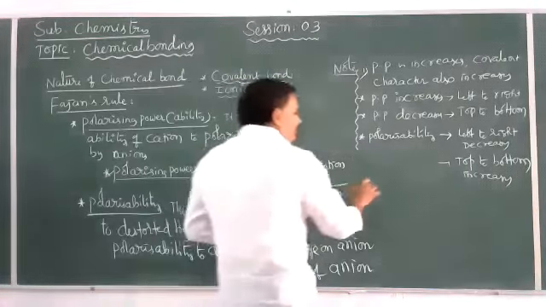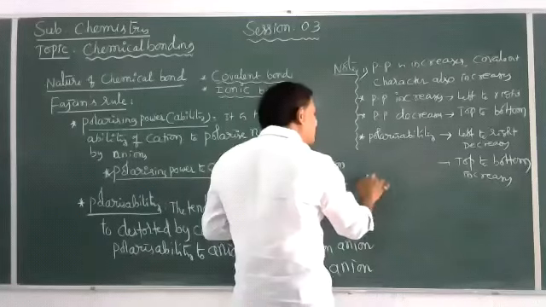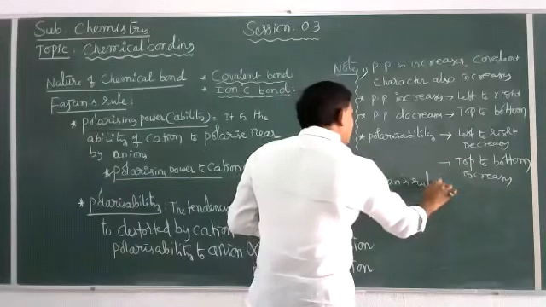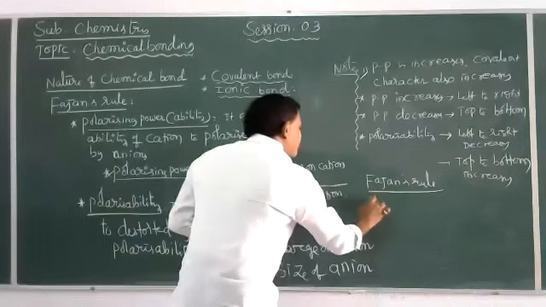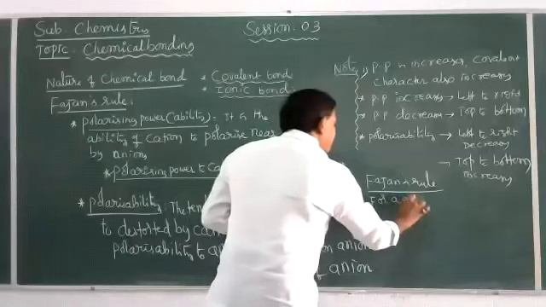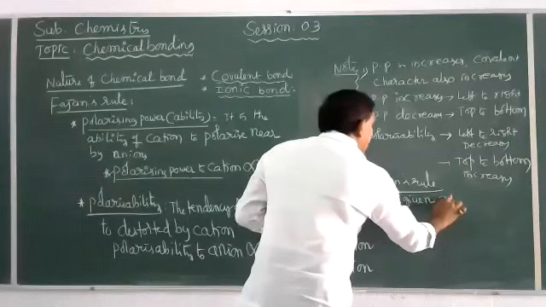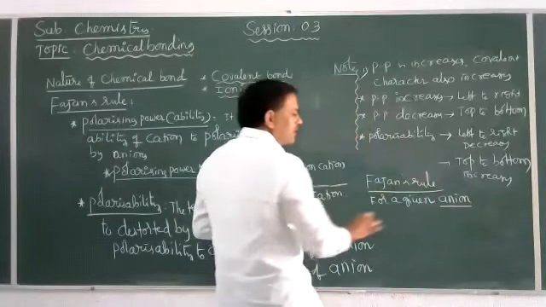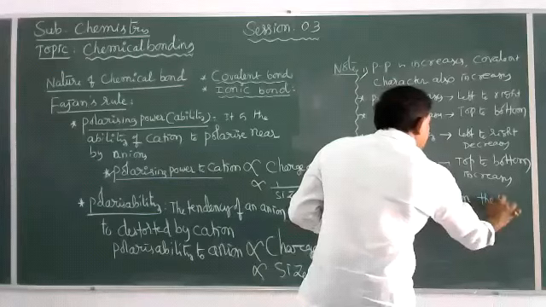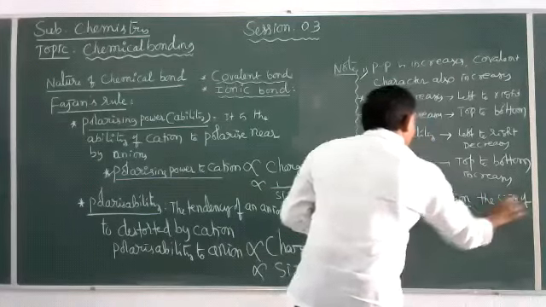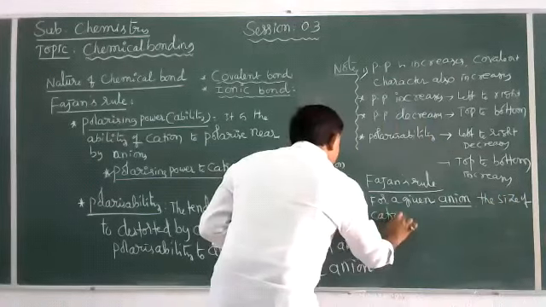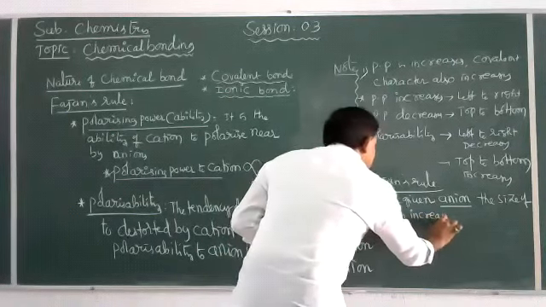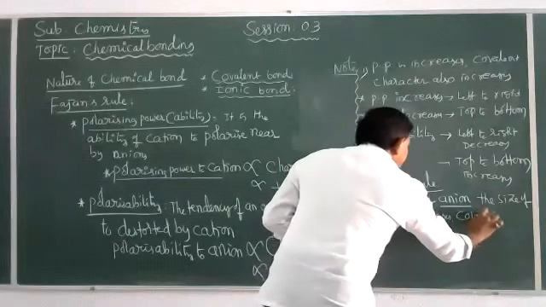Now here, Fajans created Fajans rule based on this. Fajans rule: for a given anion, meaning the anion is the same, as the size of the cation increases, what happens to covalent character?